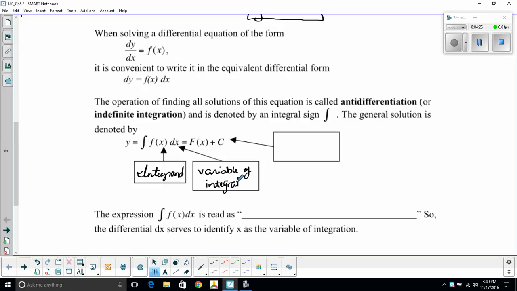The dx is saying that that's the variable on this side, and that c is the constant of integration.